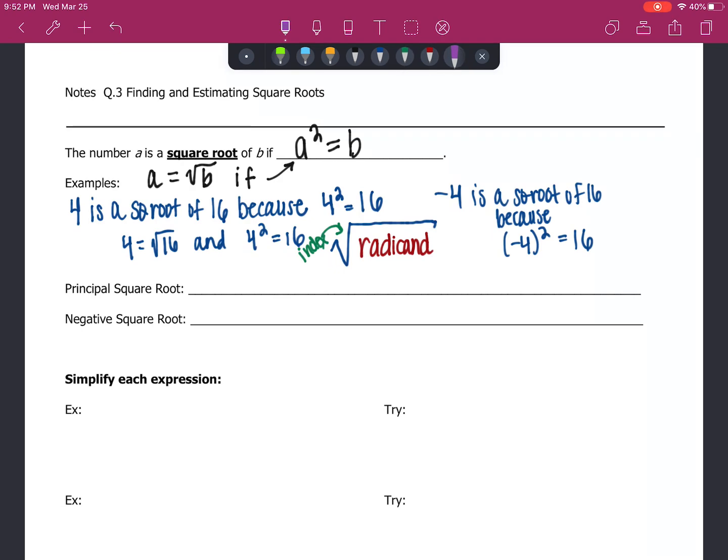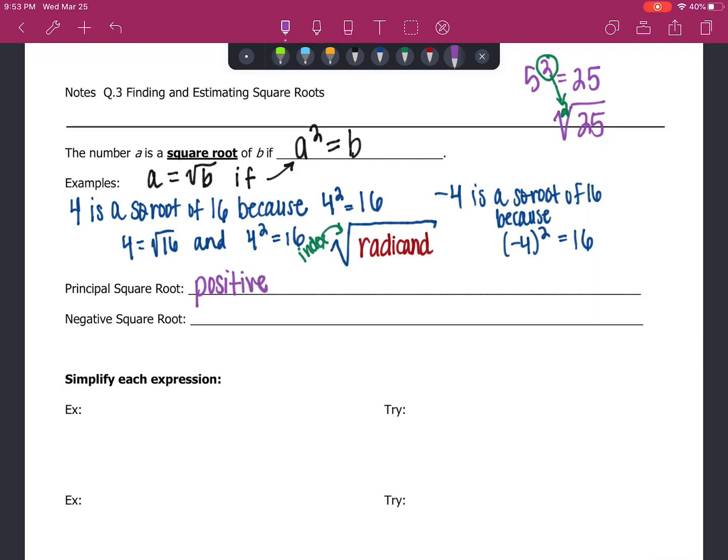Now, if I were to say 5 squared equals 25, and then go backwards and say the square root of 25, this is the index. The square root is the most popular index, so we leave it blank. But if we need the cubed root, the fourth root, the fifth root, that's when we have to put that index in there.